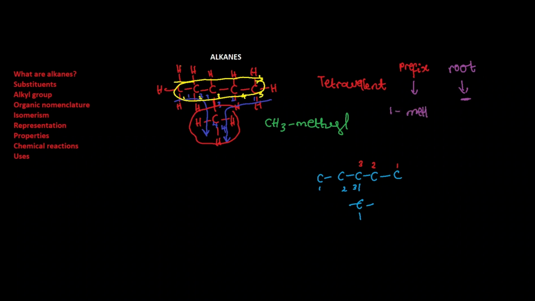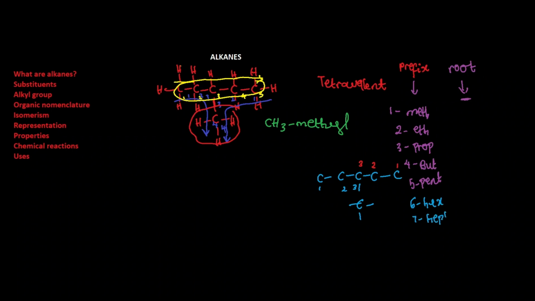Now when we have one carbon, the prefix is meth. When we have 2 carbons, the prefix is eth. When we have 3, it's prop. When we have 4, it's but. When we have 5, it's pent. And from 5 downwards, it follows the order of the Greek nomenclature that we already know.